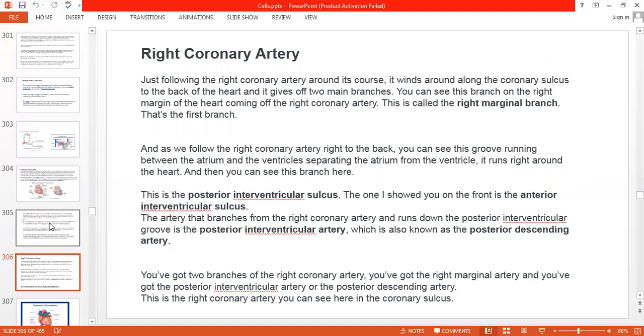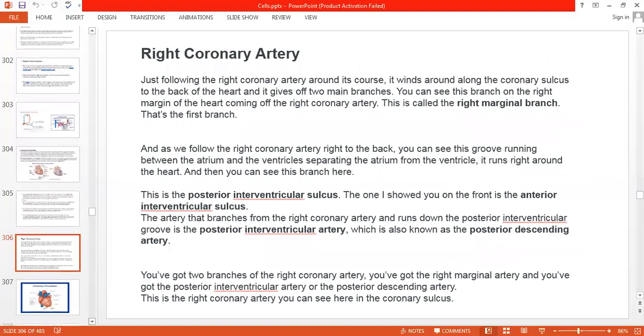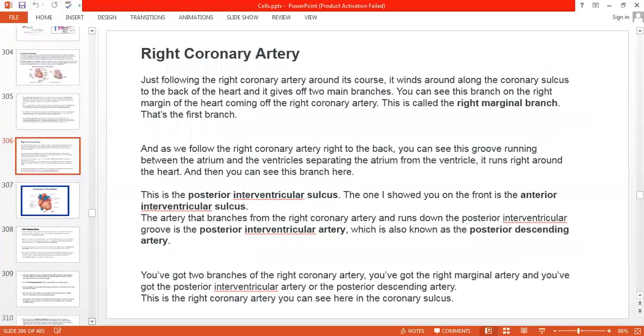If you follow the right coronary artery around its course, it winds along the coronary sulcus to the back of the heart, and it gives off two main branches. You can see these branches on the right margin of the heart coming out of the right coronary artery. This is called the right marginal branch.